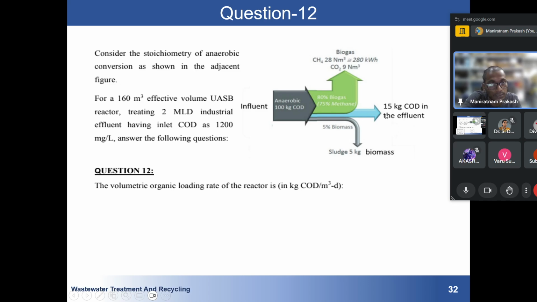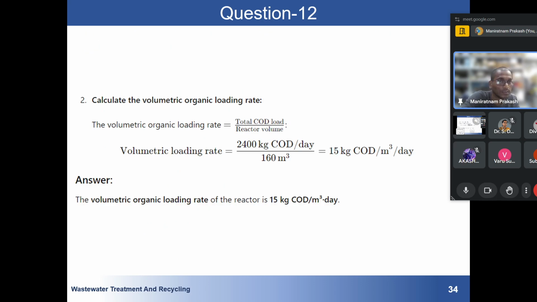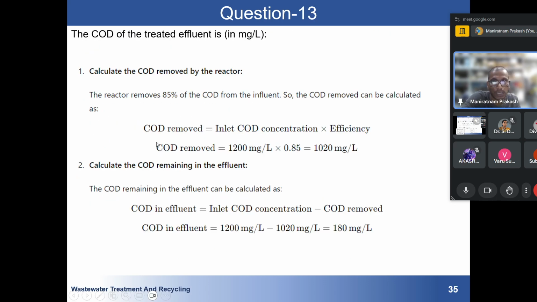Don't get confused with the 15 kg COD; you have to calculate per unit volume how much COD is coming out. The other question can be in this form: what is the efficiency of this digester?